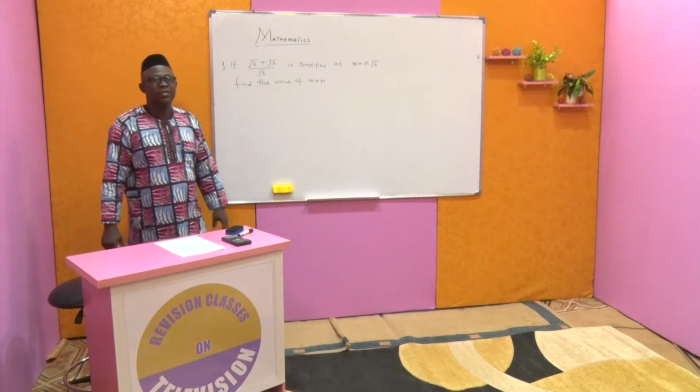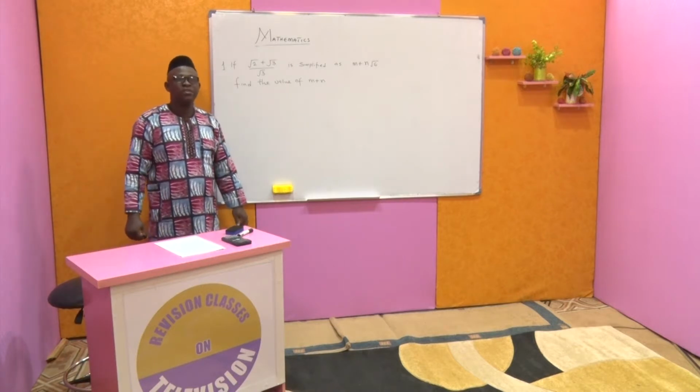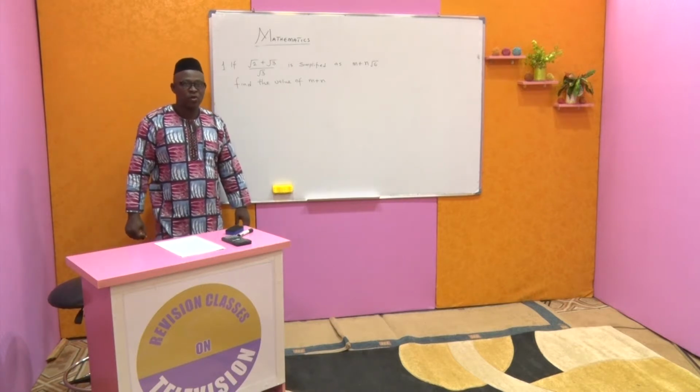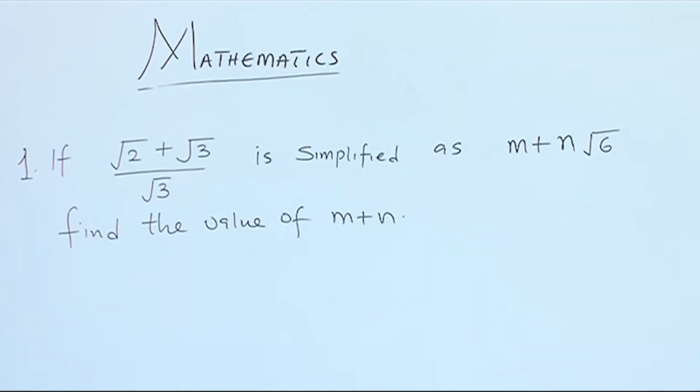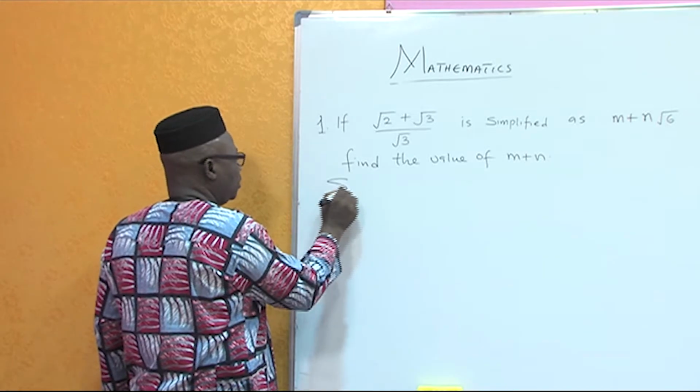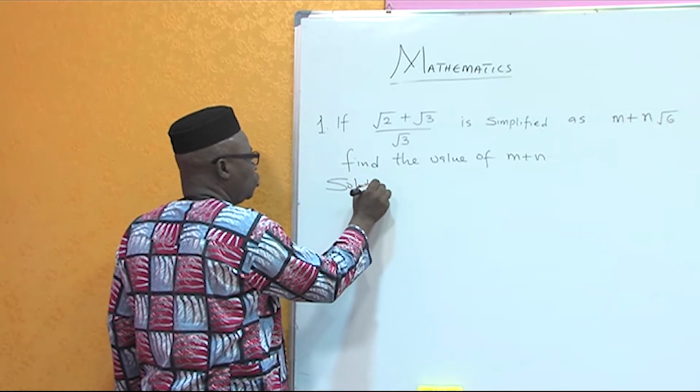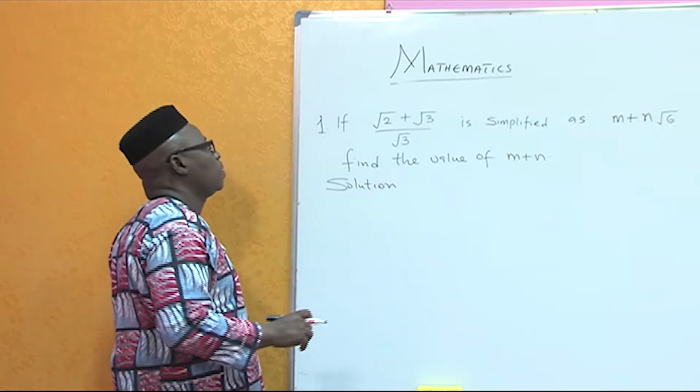Now we are going to look at an example to illustrate how to simplify a surd. The question: if root 2 plus 3 divided by root 3 is simplified as m plus n into root 6, we have to find the value of m plus n. So for this question, the solution can go this way.